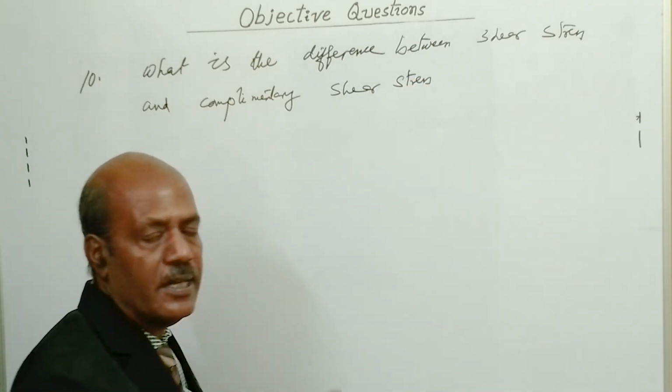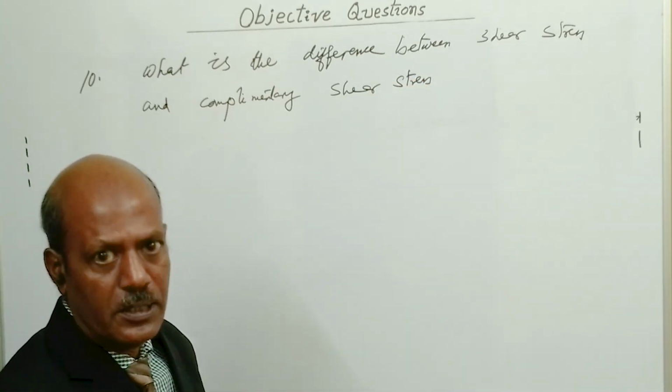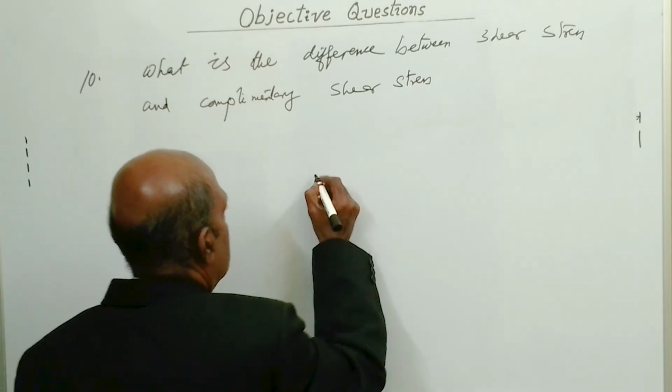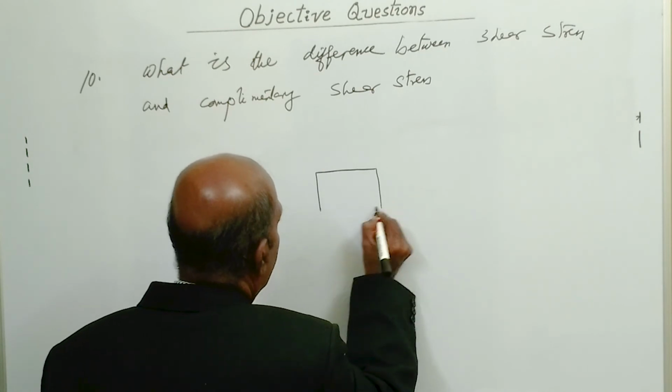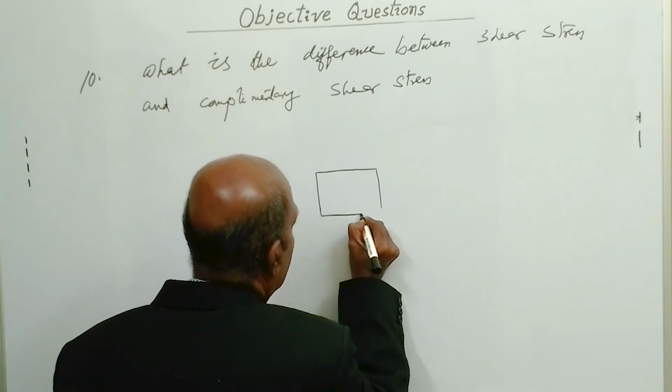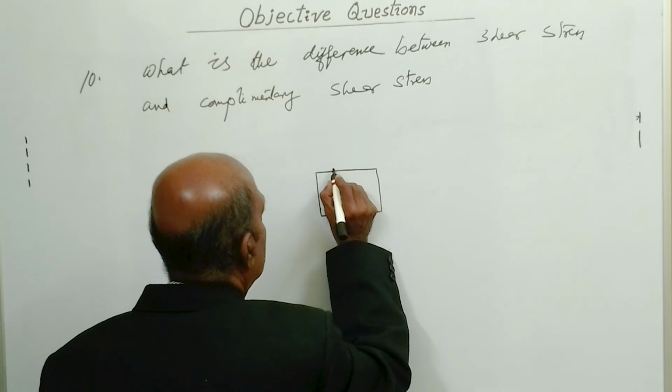So the stress produced in a body due to shear load is called shear stress. What is shear load? When the load is acting over a body tangentially, then the load is called shear load.